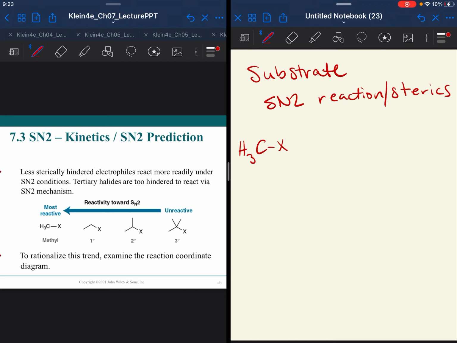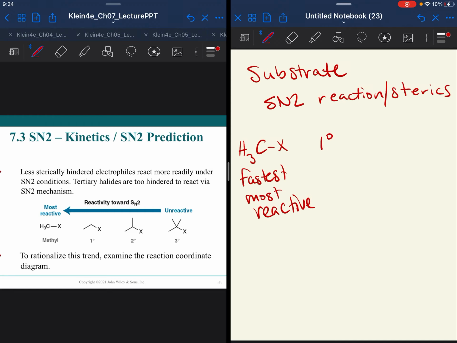It is going to be much easier. So this is going to be the fastest, most reactive substrate in an SN2 reaction. It's going to be a methyl halide because the hydrogens are small. They're not providing any electron density, right? They're just like little exposed protons.